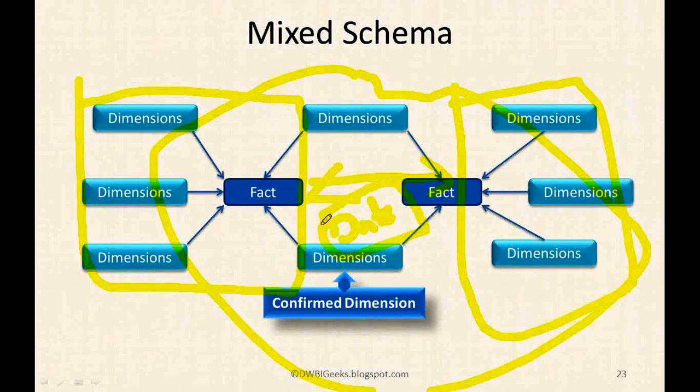Everything will not at all vary, right? That will be common across any business. Let us say this may be logistics and this may be sales, but this date table values will be constant. So instead of maintaining them separately at various places, they will maintain it in a common place. So that kind of dimensions, they call conformed dimensions.